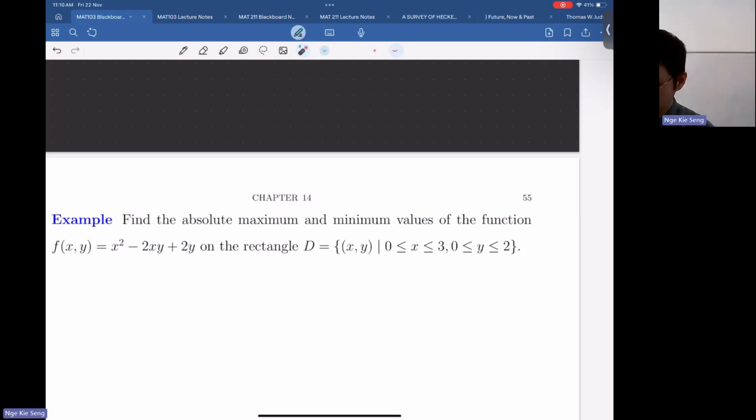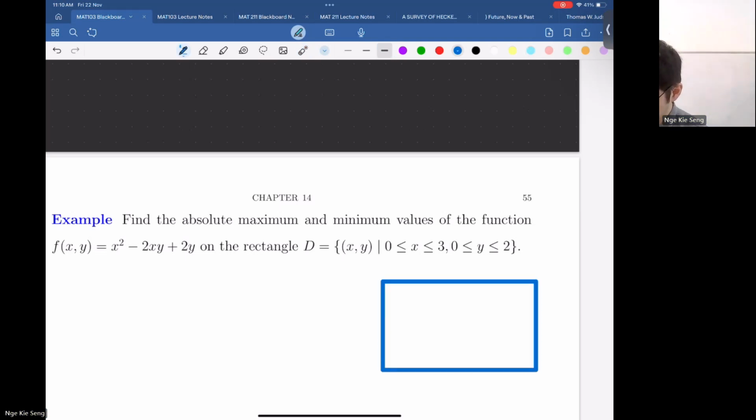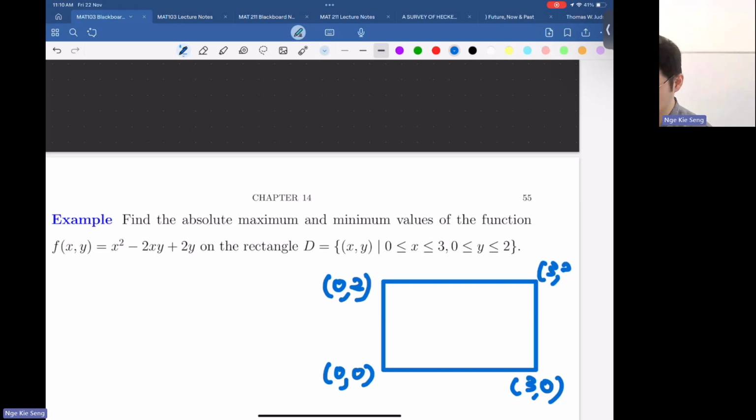One vertex is 0, 0. Here is 3, 0. The top here is 0, 2. The other corner is 3, 2. So is it closed?